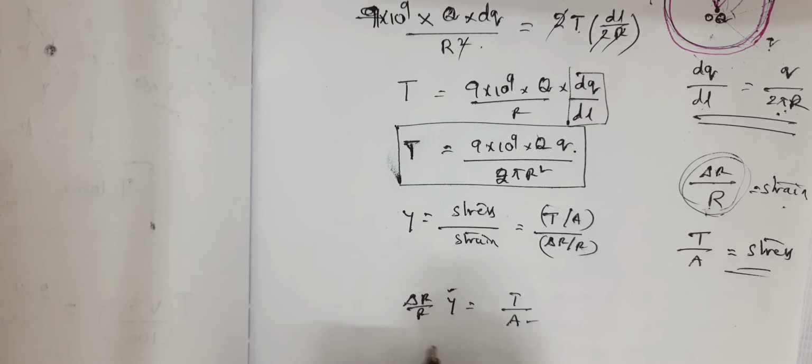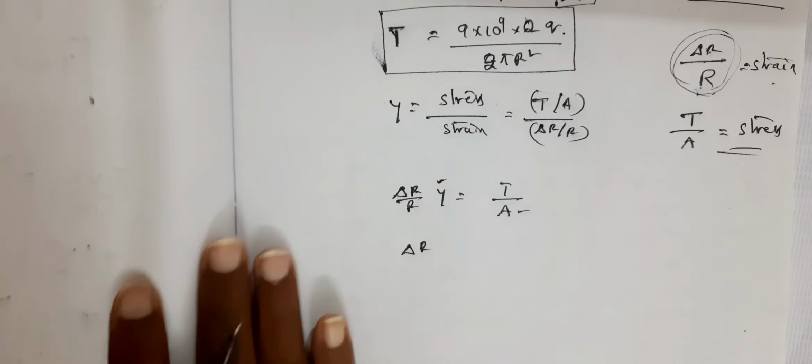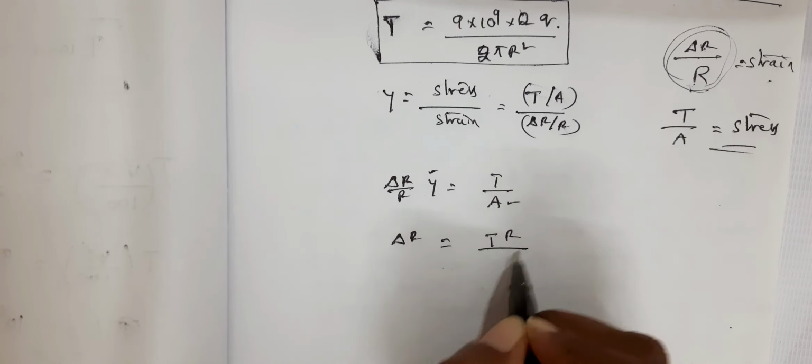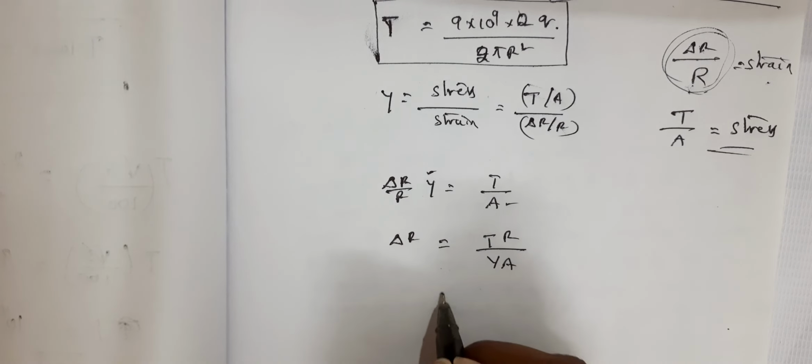Hence delta r is equal to, so we'll write the whole equation. Simplification part you can do. T r by y a.